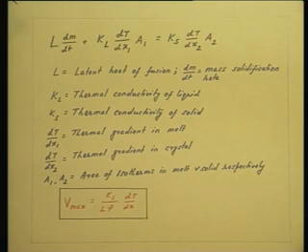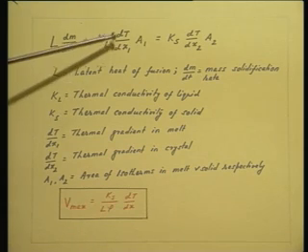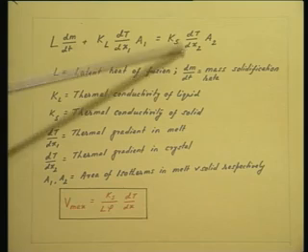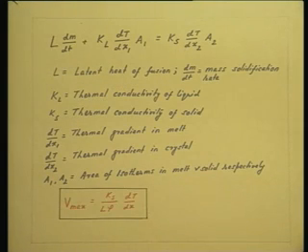K_L is the thermal conductivity of the liquid, K_s is the thermal conductivity of the solid, dT/dx1 is the thermal gradient in the melt, dT/dx2 is the thermal gradient in the solid, that is in the crystal, and A1 and A2 are the area of the isotherms in the melt and in the solid. So, basically what I have written is a heat transfer equation.